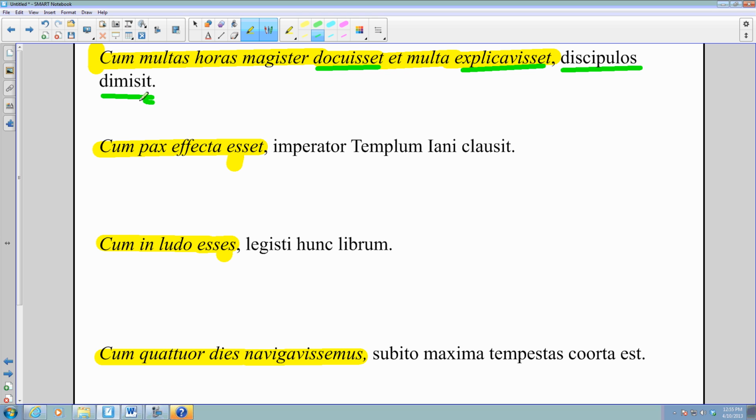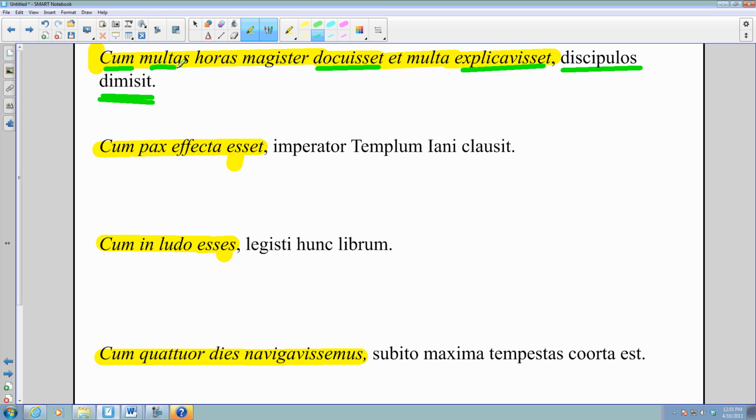I know that because my sequence of tense says that the pluperfect subjunctive happens before the main verb. The main verb here is dimisit, so it happens before it. My translation, therefore, is going to be, I always start cum clauses with when. I change them after I get through the sentence to because or before, whatever the context requires.